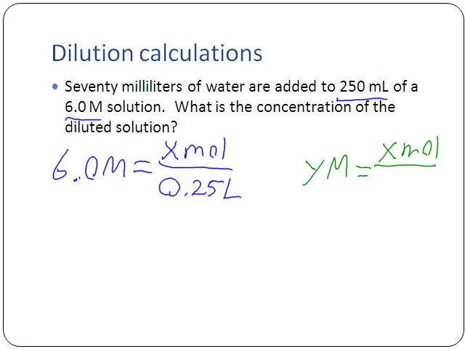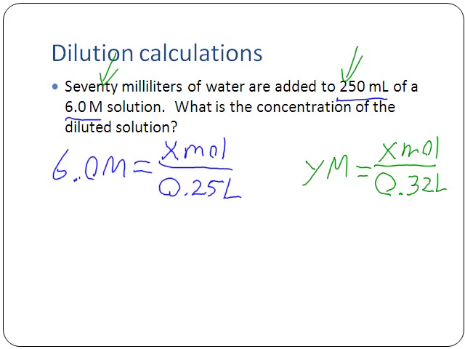Do we know that? Well, it says we started off with 250 milliliters of the 6 molar solution, and we added 70 milliliters of water, and so that would mean our total solution would now be 320 milliliters. And so if our total solution is 320 milliliters, then we'd have 0.32 liters down here.